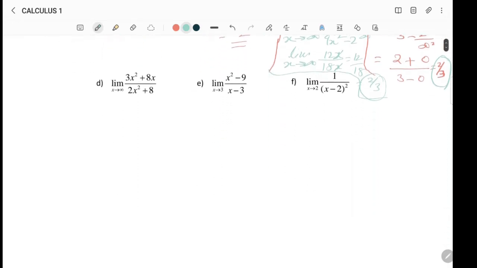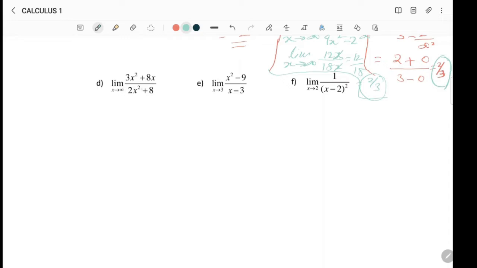Okay, so we have done C part. Now come to D part. So it seems a very simple question, so I would not use L'Hopital's rule unless I get a standard or a difficult one, which we are not able to simplify. Okay, so again, this is 3x squared plus 8x over 2x squared plus 8.